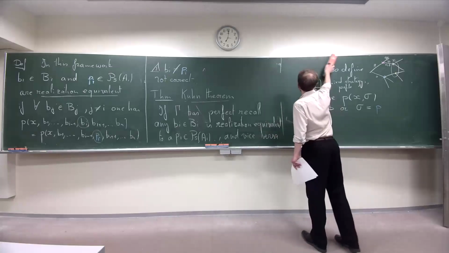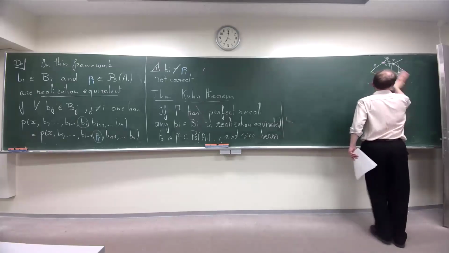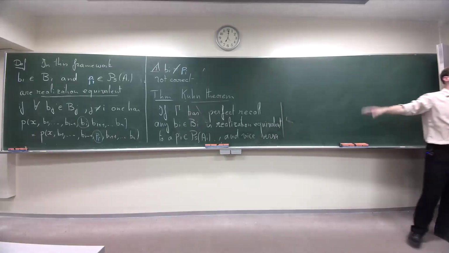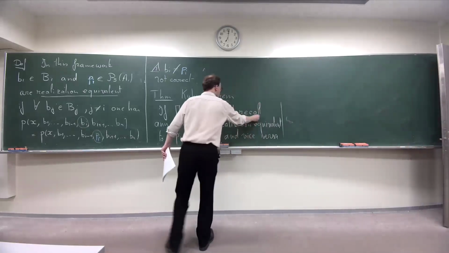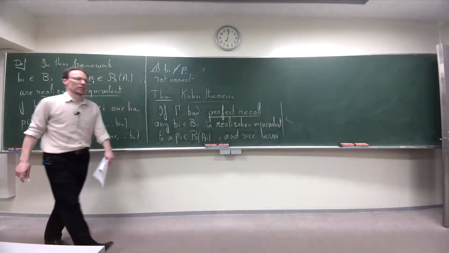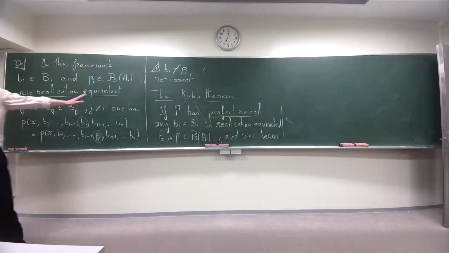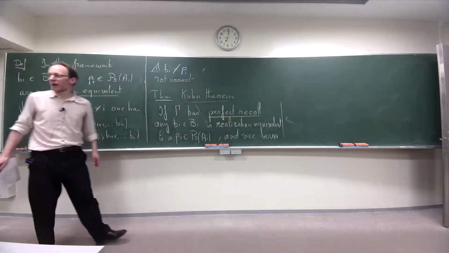So this theorem helps you, because it tells you that under a rather natural condition, you can either play with mixed strategies or you can play with behavior strategies, and you don't lose anything by choosing one of them.